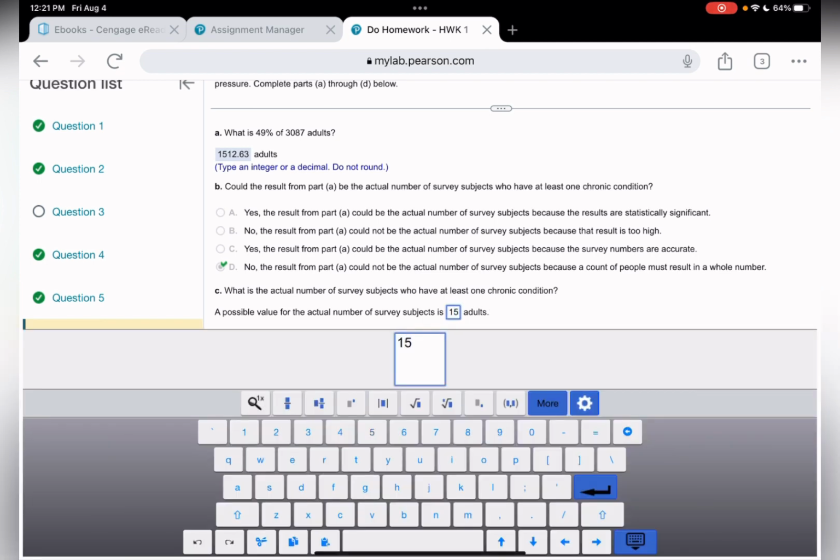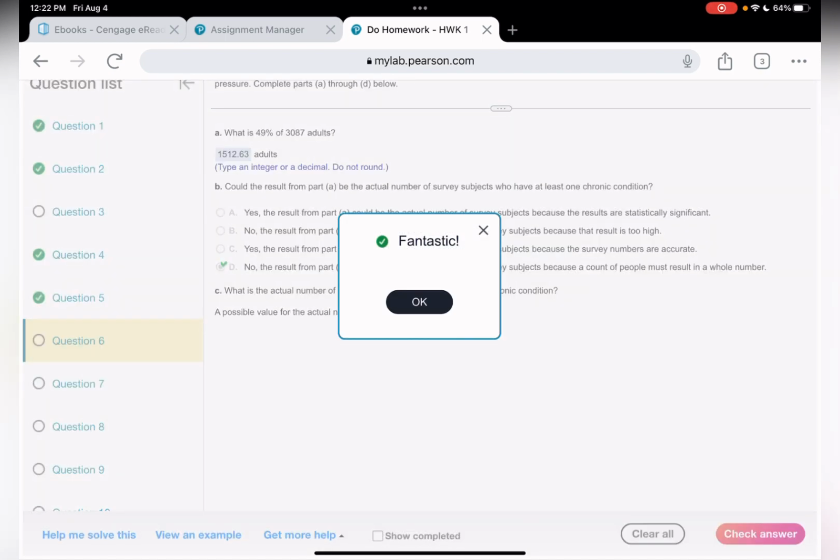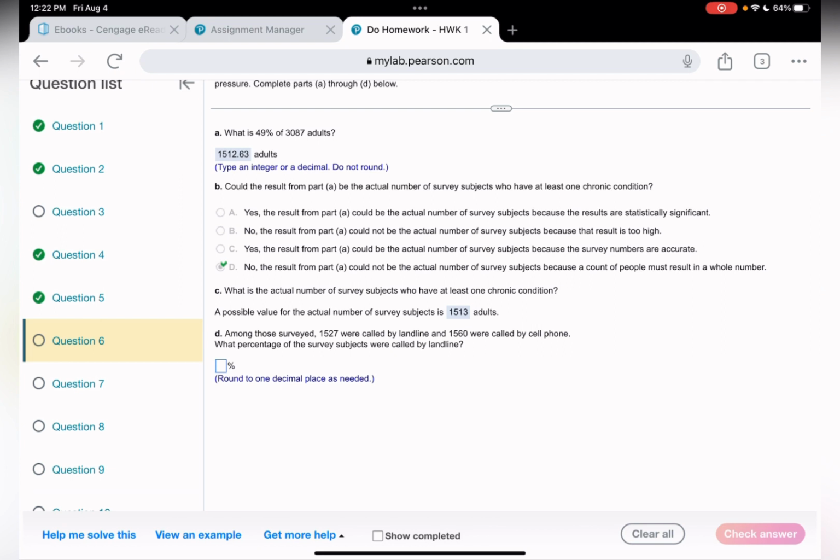It's going to be 1,513, rounding up, because it's 63. Oh, but you never know, it might want to accept rounding, maybe it wants 1512. Let's see. Yeah, it took the rounding, so you have to round it. Okay.